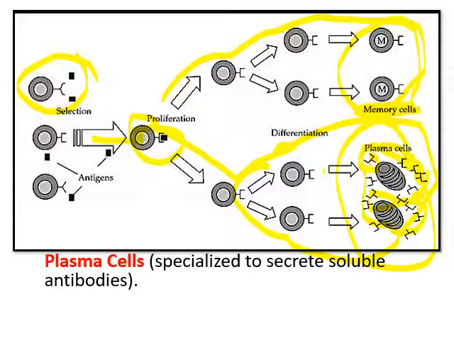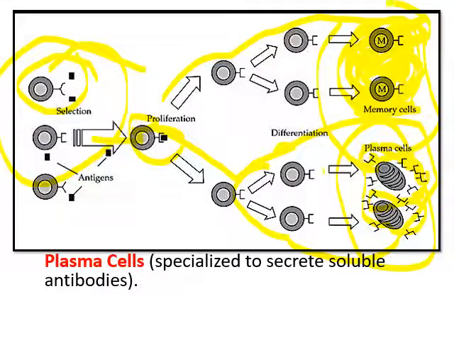They're ready for it. These are left behind in case that bacteria comes back, and they're ready for it immediately. We don't have to go through all of this again, because we left behind a whole bunch of memory B cells that are ready for it next time.